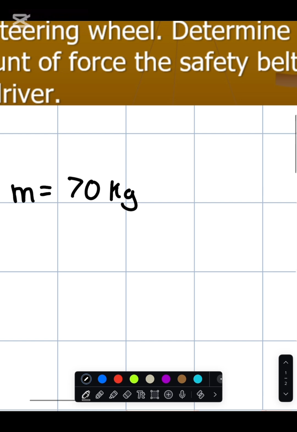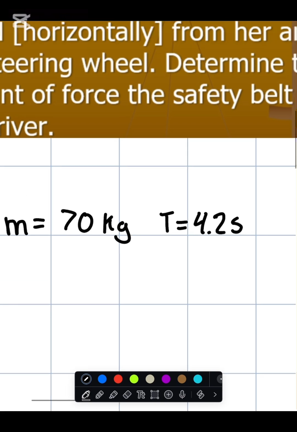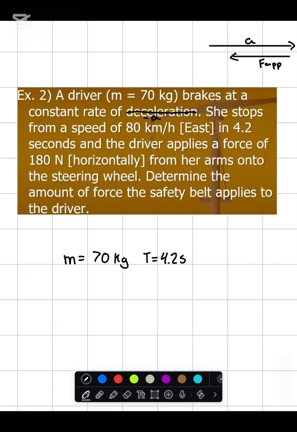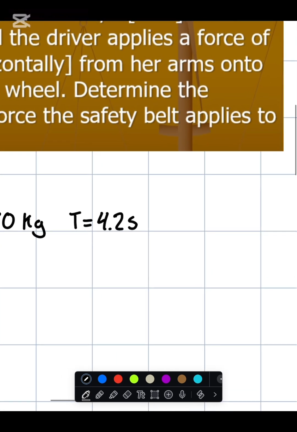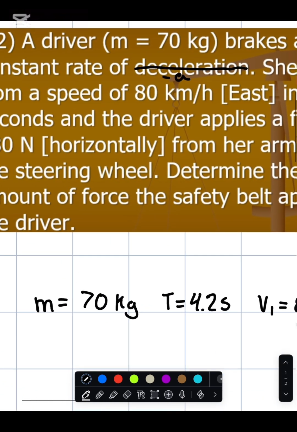So our time will be 4.2 seconds. Don't forget to write your units. Always important to write your units. From a speed of 80 kilometers per hour, so our V1 is going to be equal to 80 kilometers per hour, and she stops.